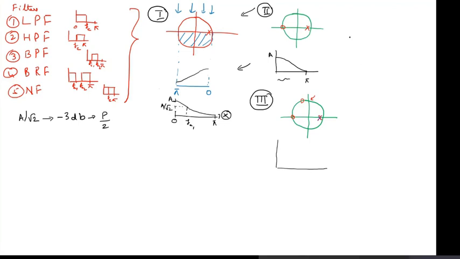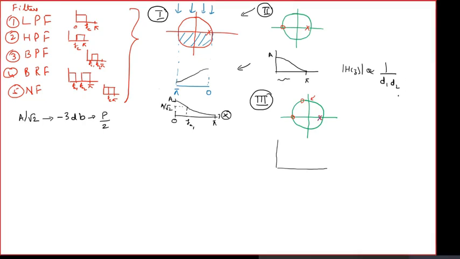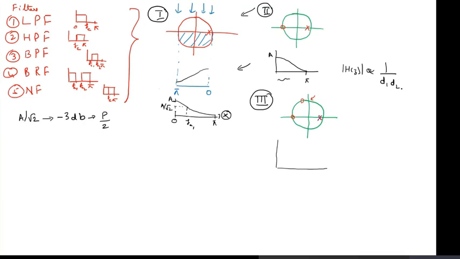We have talked about the modulus of H(z). It is maximum, proportional to d1 d2. So gain will be, d1 is equal to d2 over here, so it is d square, so gain will be basically a square. It will start with a square, right?